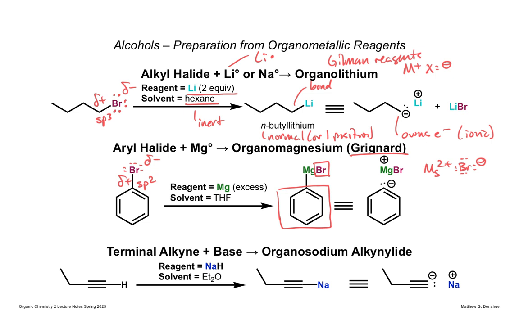This process is tough because, one, the metal has to be activated, because what it's doing is essentially inserting into this bond. And once it makes that carbon negative, that's super reactive, so reactive that when you breathe in, there's moisture in the air, and that moisture will quench it.